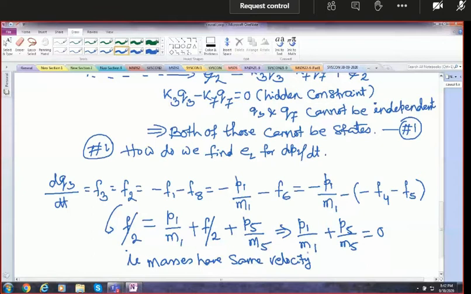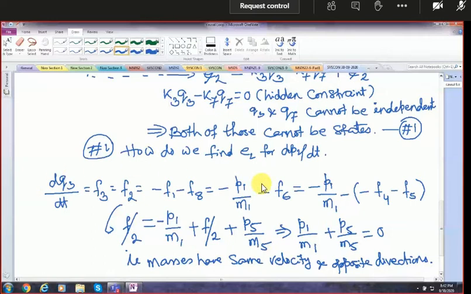Right, same velocity and opposite direction. So that last line: minus P1 by M1 plus F2 plus P5 by M5. Minus P1 by M1. Okay. So anyway, they are the same velocity.